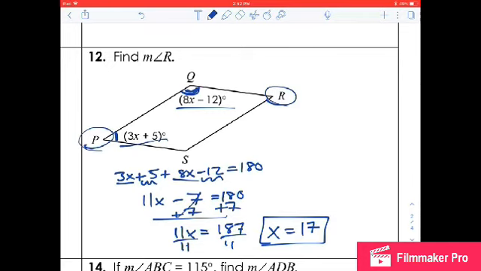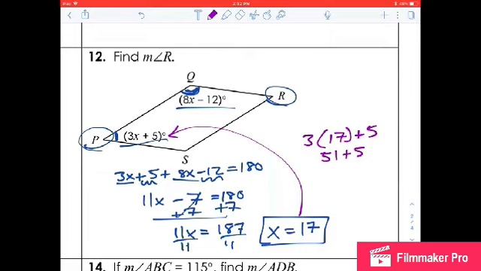So all I have to do here is plug it back into p, because that's the same as r. So 3 times 17 plus 5. 17 times 3, on the calculator, I get 51. 51 plus 5, and I get 56 degrees.